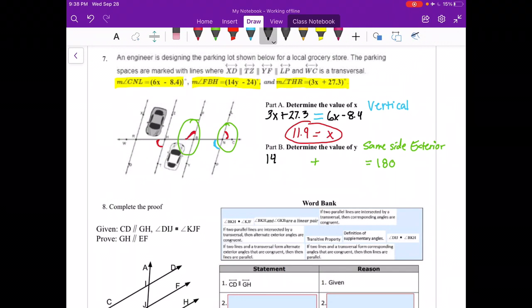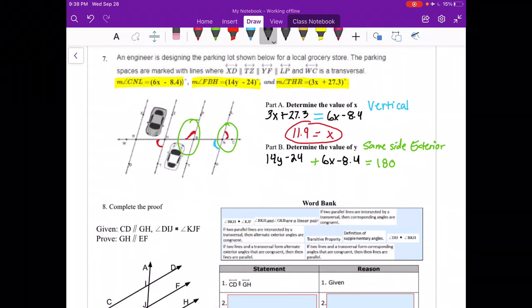This means 14y minus 24 plus 6x minus 8.4 equals 180. Now you may be thinking, we can't add an x and a y together. You'd be correct.